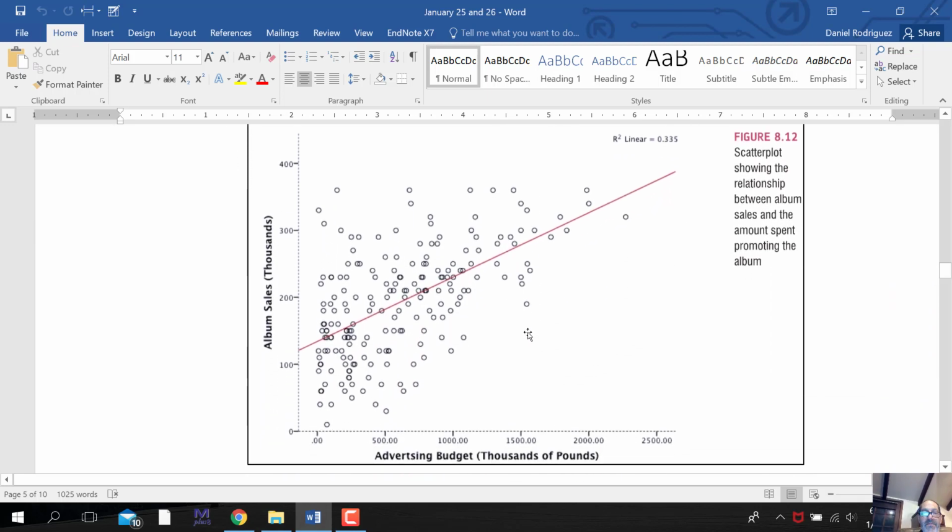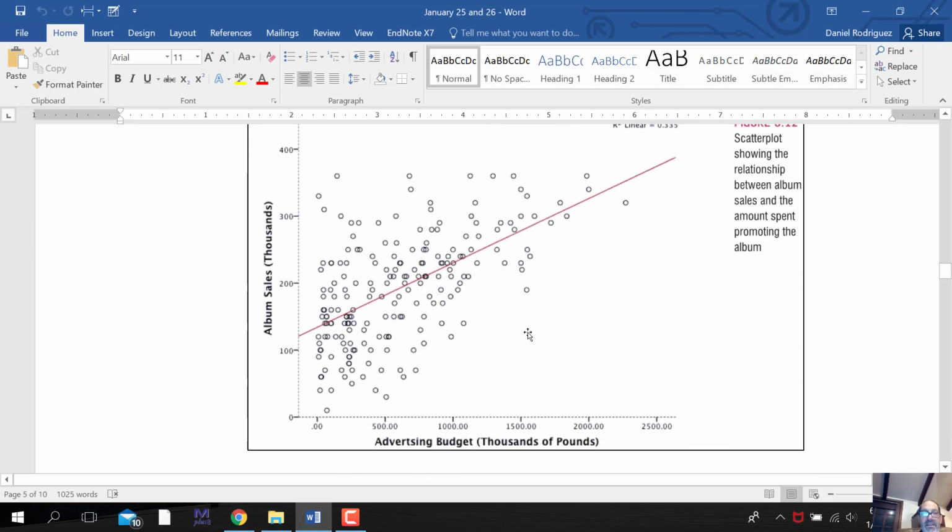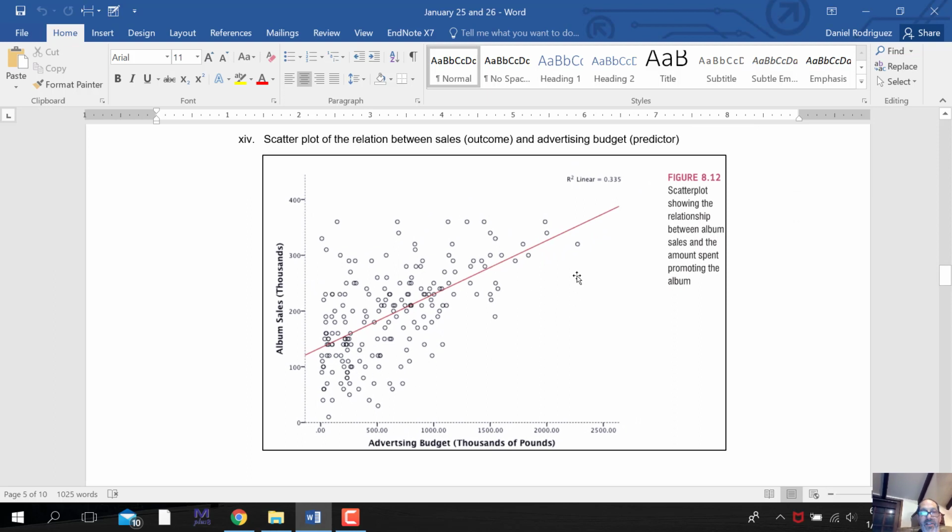I'm going to shrink the screen size a little bit so the figure fits on one slide. This is just a simple scatter plot. A scatter plot plots the two variables so that each dot represents the intersection of two points. Like this is $500,000 or pounds spent on advertising, and somewhere around 25 or 30 records sold.